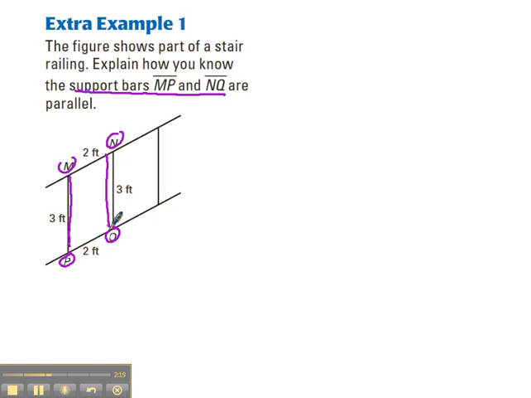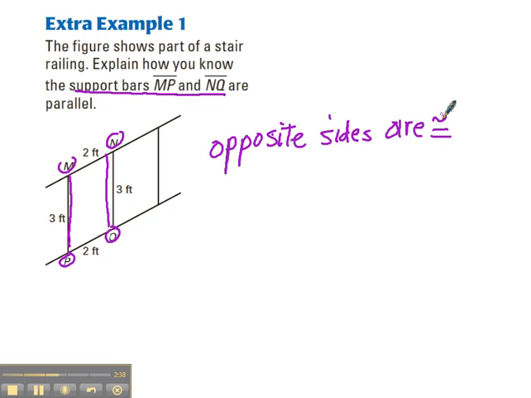Well, we have a situation that it looks like a parallelogram, and we have the opposite sides congruent. So we have both pair of opposite sides congruent. We have 3 feet is congruent to 3 feet, and we have 2 feet is congruent to 2 feet.